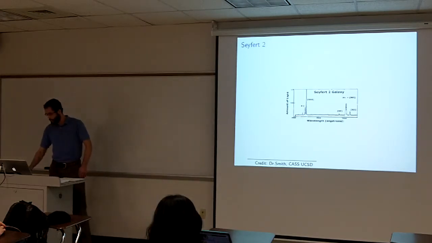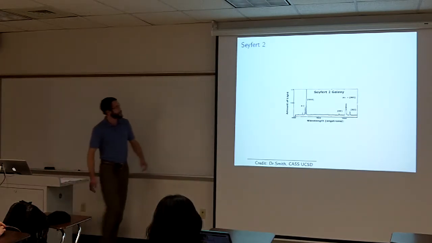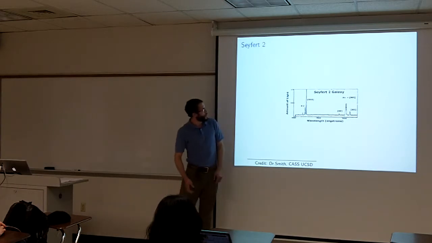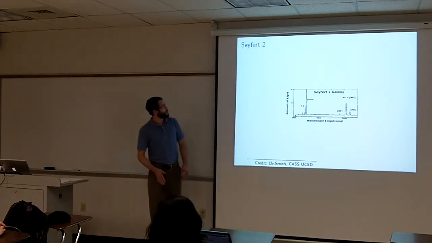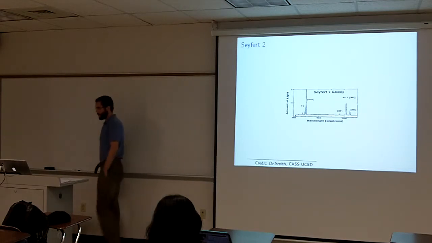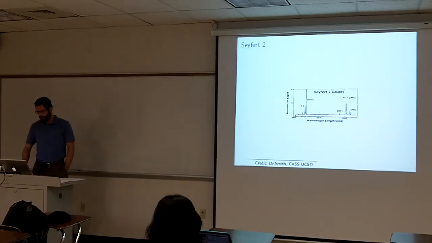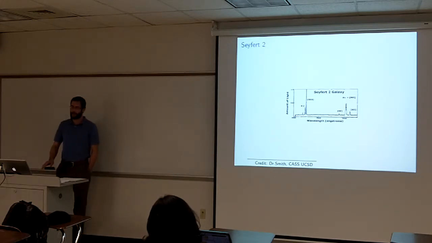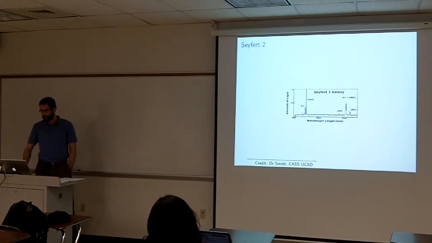But in this one, you can see that the H alpha line is narrower than the N2 lines. This is one classification of AGN, and the reason I'm including this is because NGC 4180 is a Seyfert type galaxy.